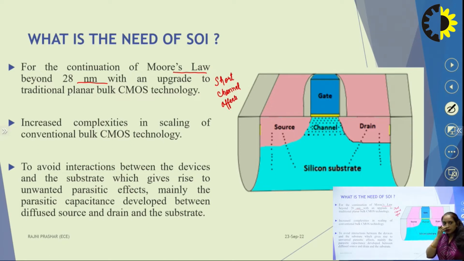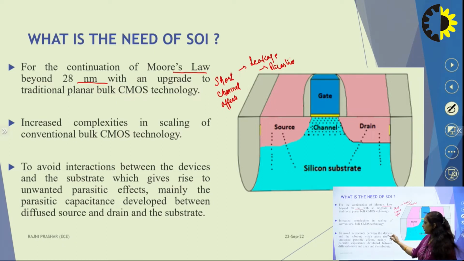These effects increase the leakage current and the parasitic capacitance. So the overall device performance will decrease as we go down the technology scale. The increased complexity of scaling means conventional bulk CMOS technology cannot handle these effects.